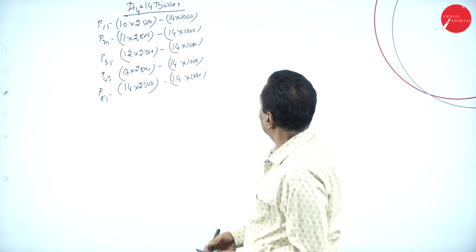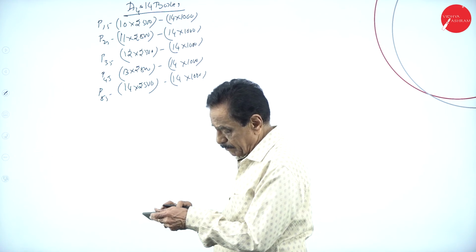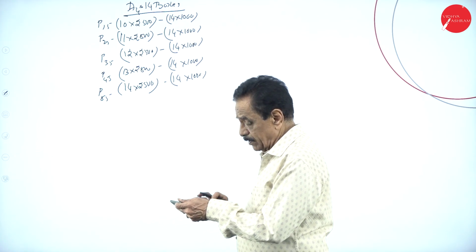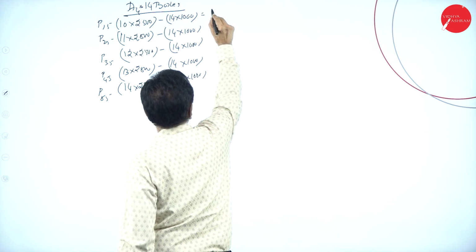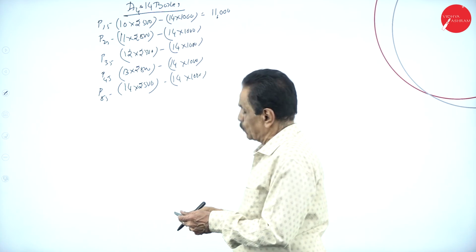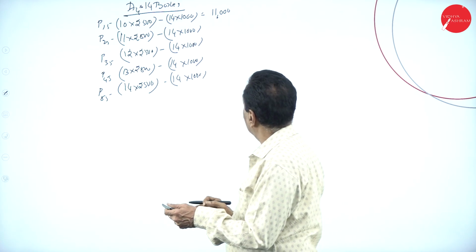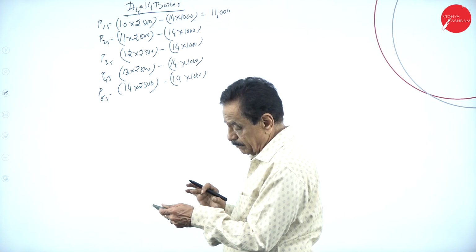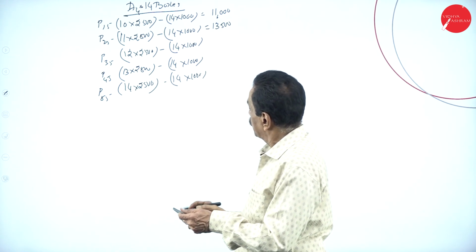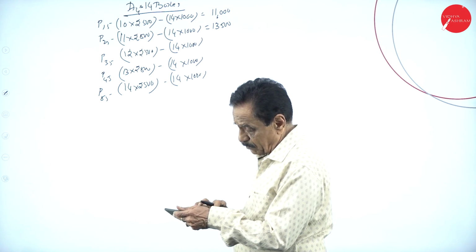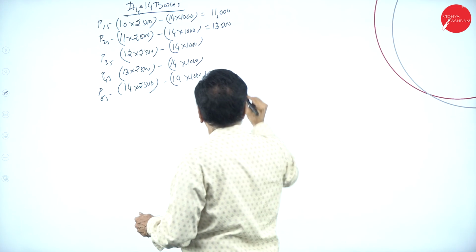So 10 into 2,500, that is 25,000 minus 14,000, 11,000. 2,500 into 11, 27,500 minus 14,000, 13,500. 12 into 2,500, 30,000 minus 14,000, that is 16,000.